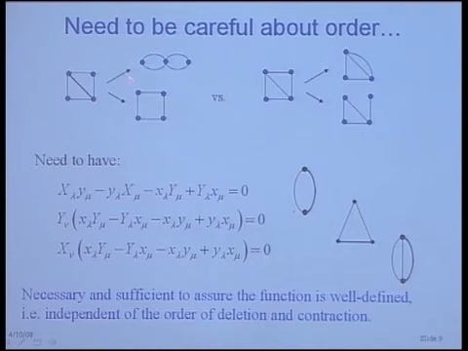So what I mean by the order of operations is, if you delete and contract on this edge and you delete and contract on this edge, if you do things in a different order, you get very different sets of graphs. And there's no reason to expect that the final answer that you get will be the same if you let all those variables be just free. In fact, it's kind of remarkable that you get it at all.